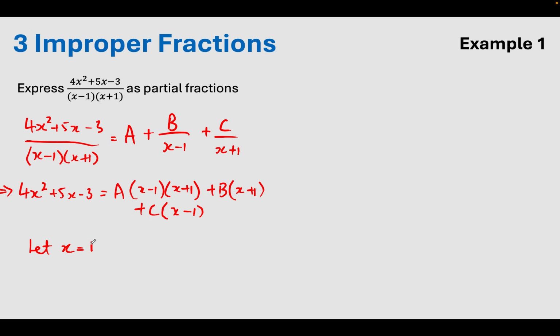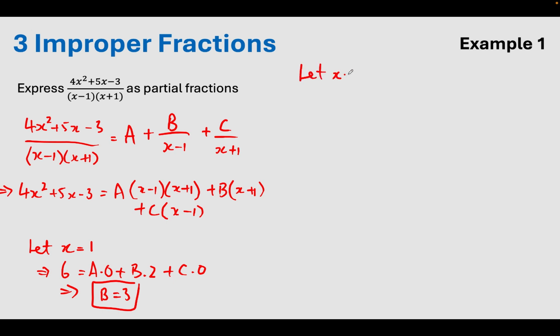So if I let x equal 1, a should be eliminated and c should be eliminated. So if it's 1, I get 4 add 5, 9 minus 3, 6 equals a times 0 plus b times 2 plus c times 0, which then means b is 3. Okay, next one.